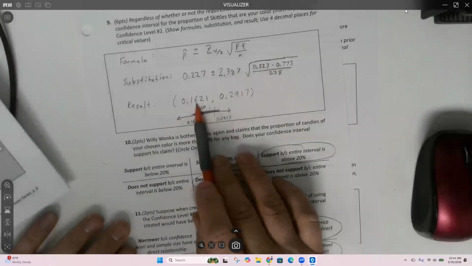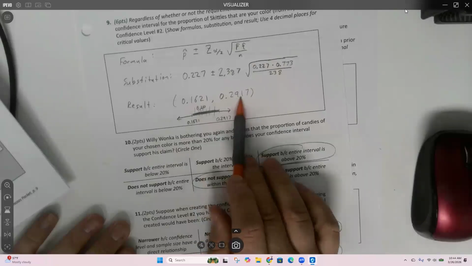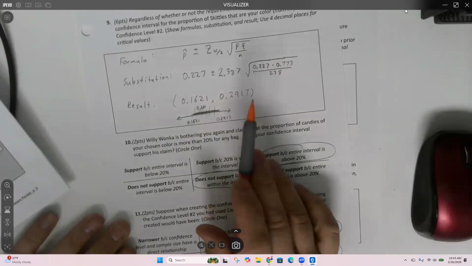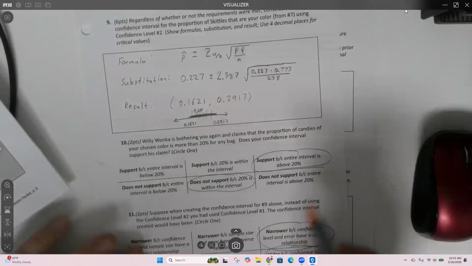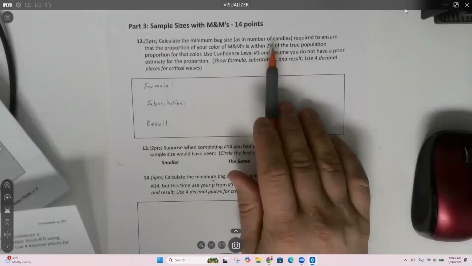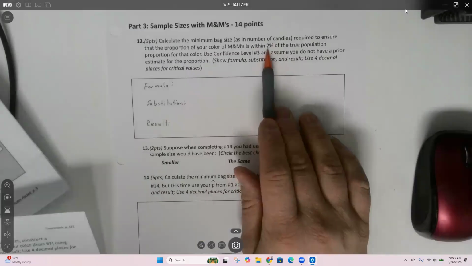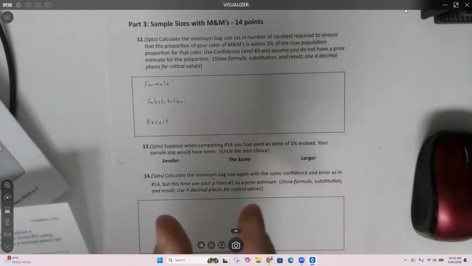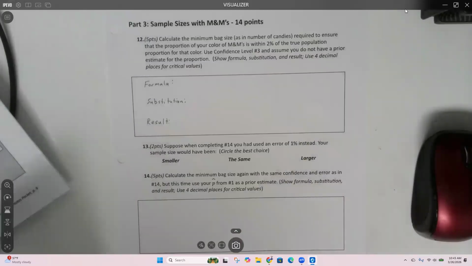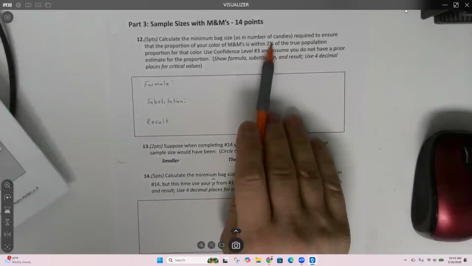My margin of error, I was looking at between 16 and 29. That's a range of 13%, so my error was half of that. My error was 7%. That's a pretty huge error. I actually want a much smaller range. I want my confidence interval to only be plus or minus 2%. So that's my error.